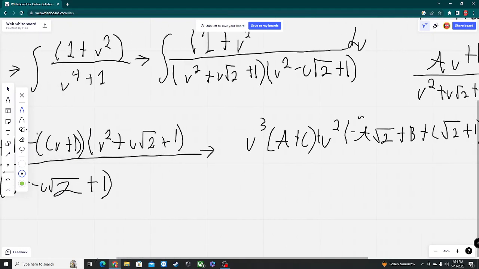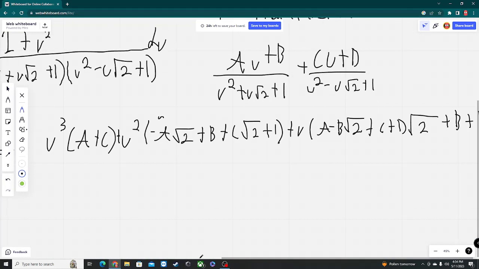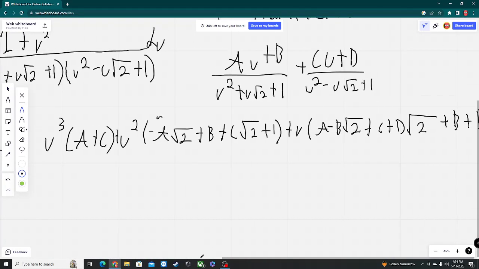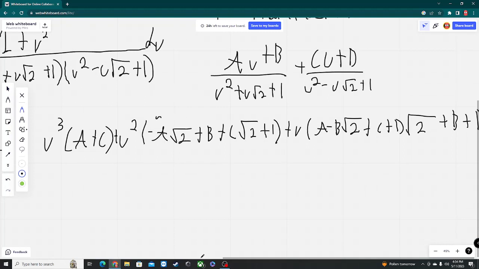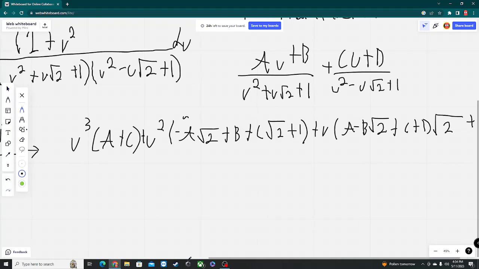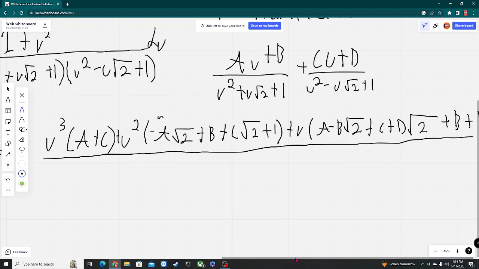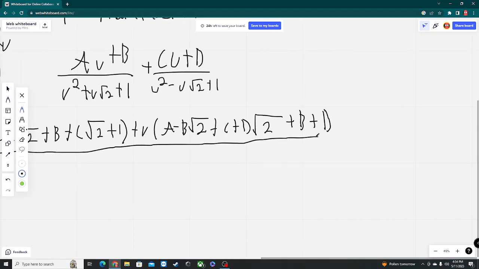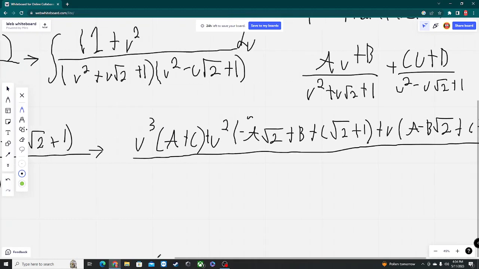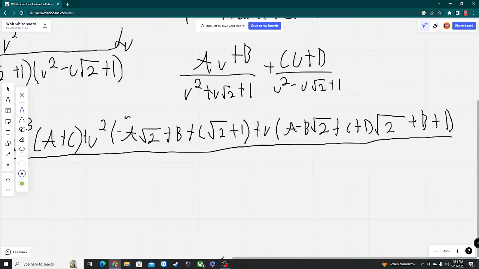That should be the whole top row. I know it is a lot to work with, but it is the only way to solve this. You could do this integral in different ways, but this is probably the easiest way to solve this. Let me just draw an entire line under our numerator. That is our numerator right there.